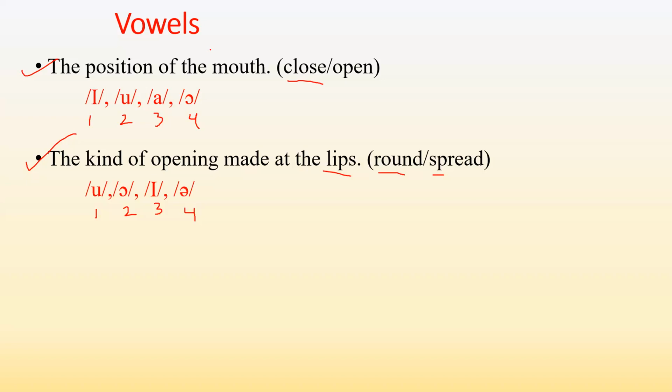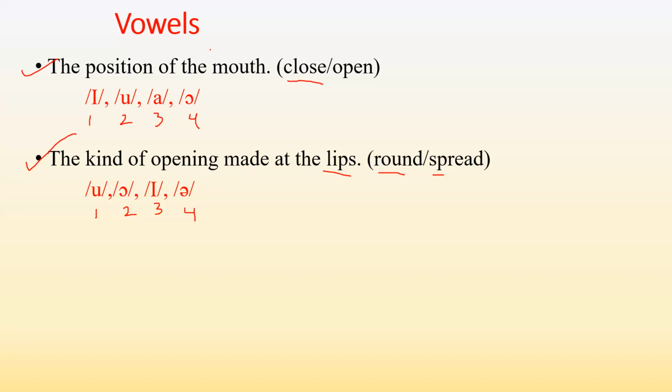So these are the four phonetic criteria you need to consider when you classify the vowel sounds, right? That means the particular part of the tongue that is raised, horizontal divisions, that means the high, front, central or back.